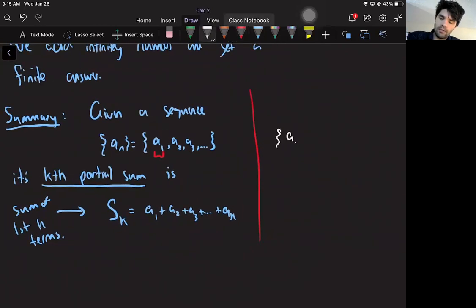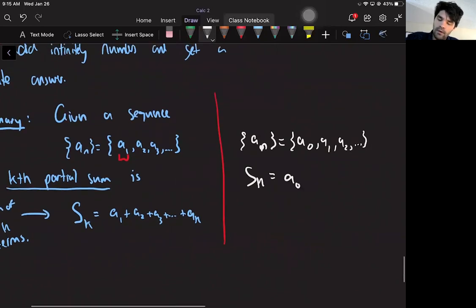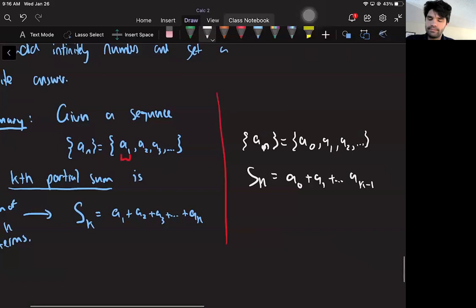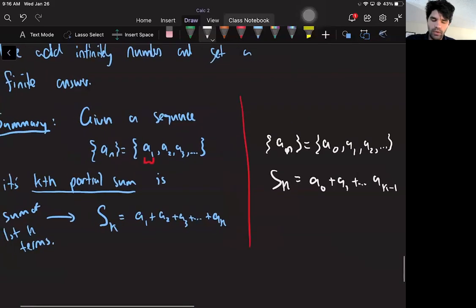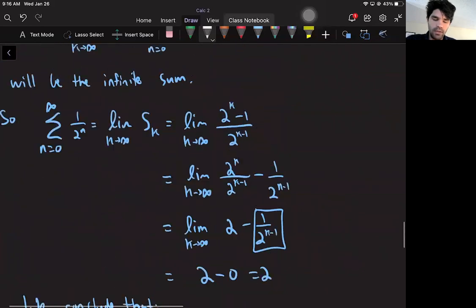So if I started at 0, well then SK, the first k terms are actually A0, A1, all the way up to k minus 1. Otherwise, you get more than k terms. So we sort of didn't deal with that, but I think that happened up here too.